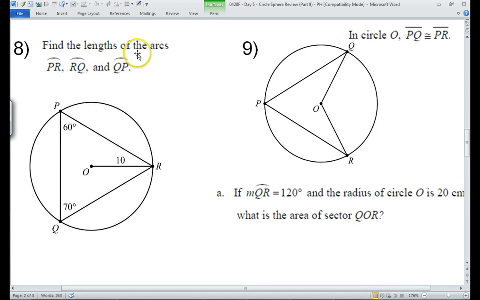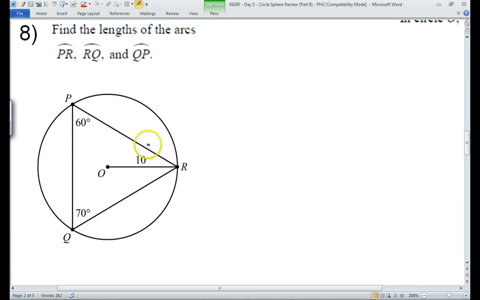We need to find the lengths of these arcs. Okay, so let's just take it one at a time. If I want to find the length of arc PR, alright, we're finding lengths. So arc PR is this arc right here that goes like this. Alright, so that's the arc we're looking for. Now, just like we said up there, we're going to do part over whole equals part over whole.